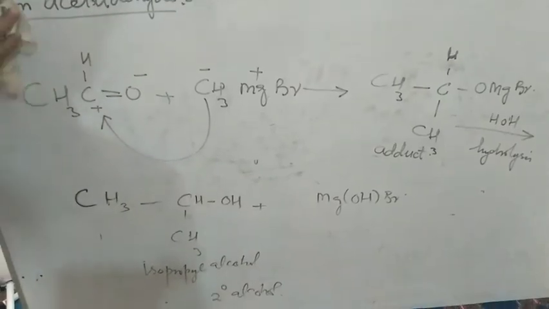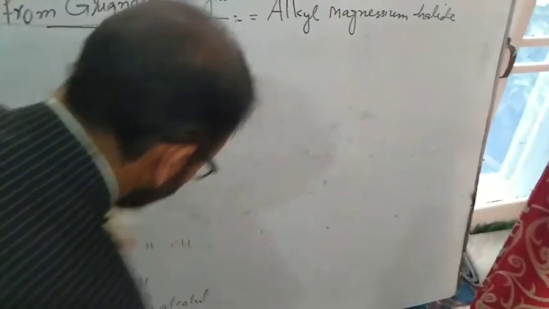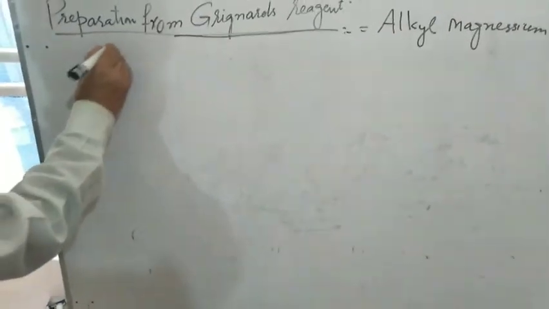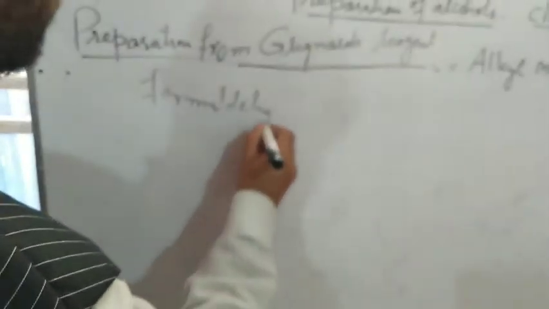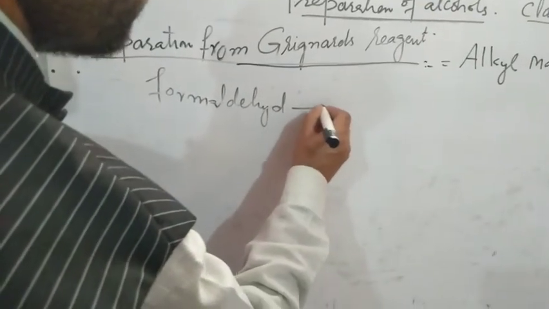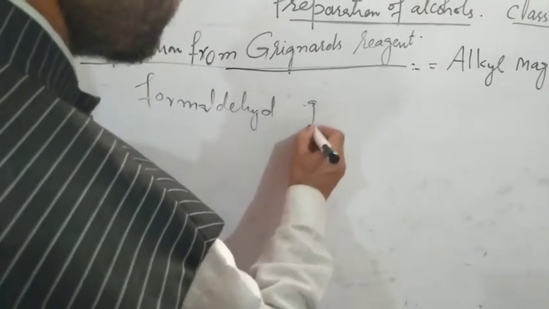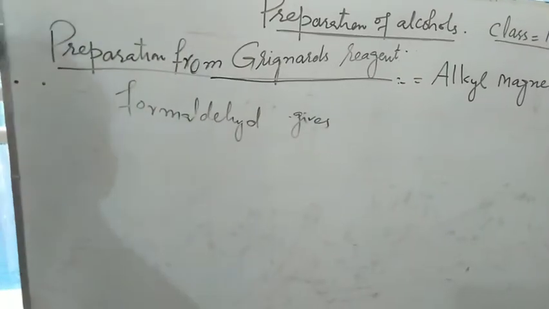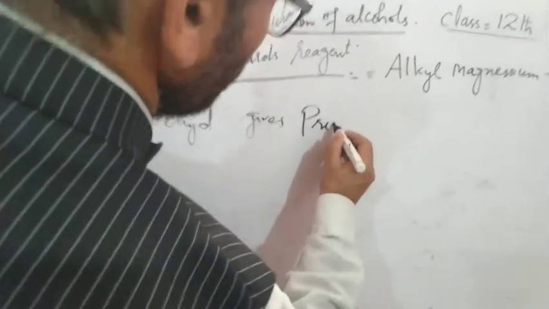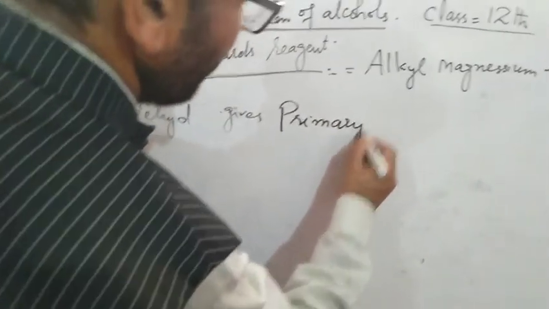So here the generalization came that formaldehyde reacts with Grignard's reagent and gives primary alcohol.